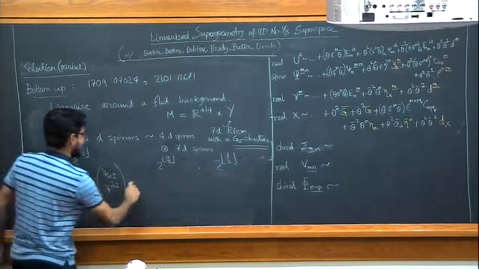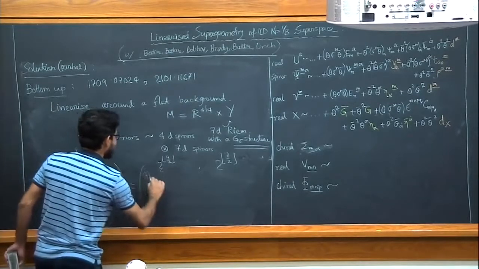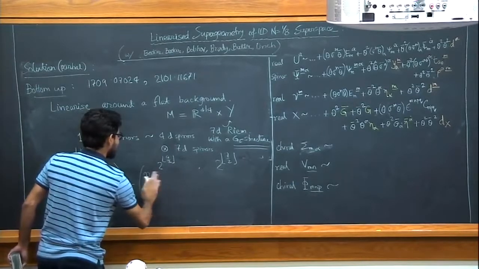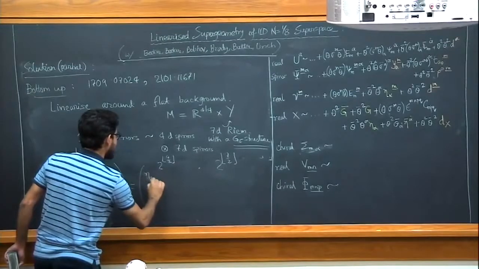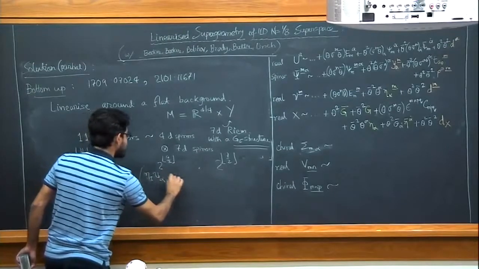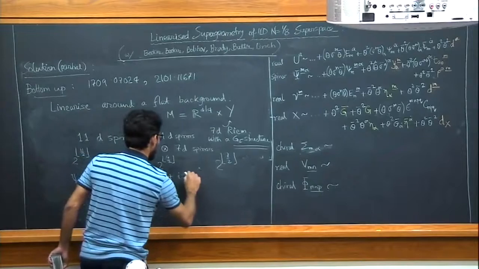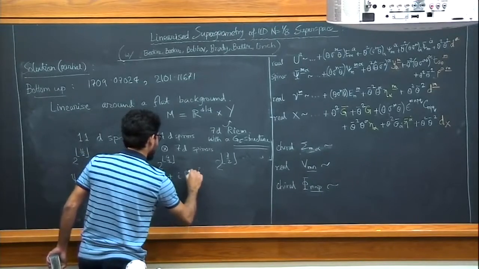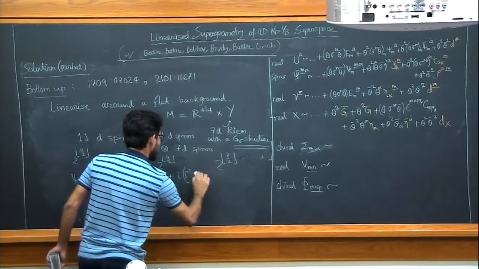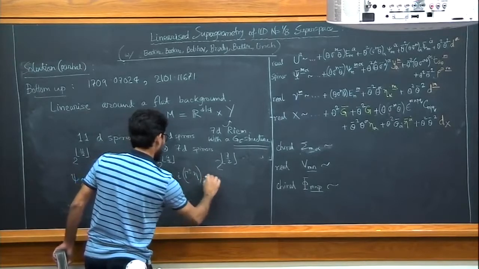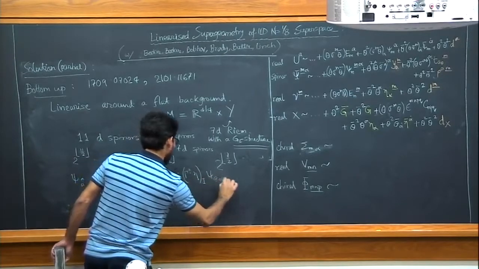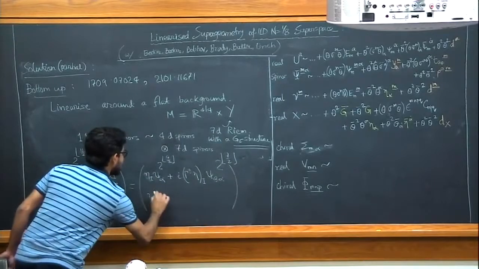So this psi alpha can be written as eta alpha, eta I psi alpha plus I.